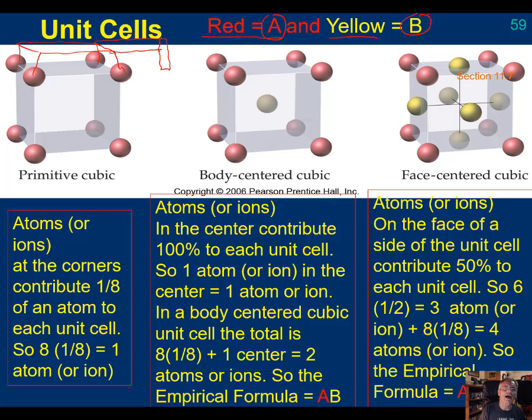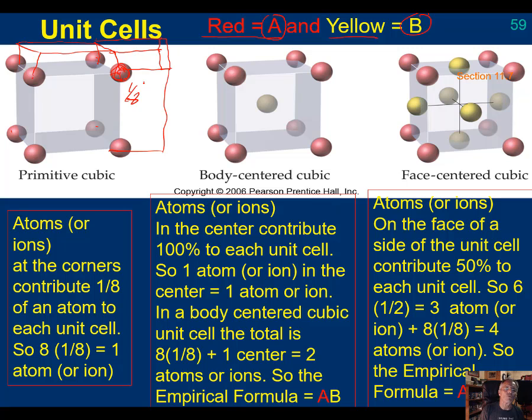You have a unit cell there, you have one down here, and so the bottom line is that each one of these spheres that's on a corner contributes 1/8 of its volume to a single unit cell. You really just have 1/8 of that sphere being contributed to a single unit cell. But that unit cell is repeated over and over and over in a crystal structure. So in this case, we have 1, 2, 3, 4, 5, 6, 7, 8.